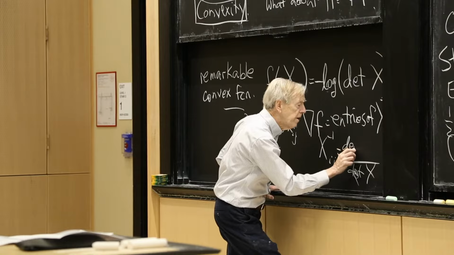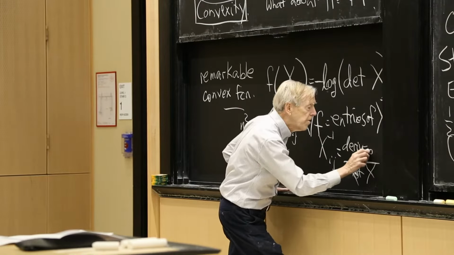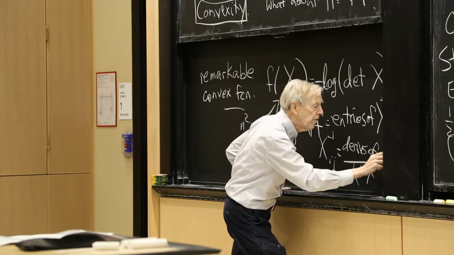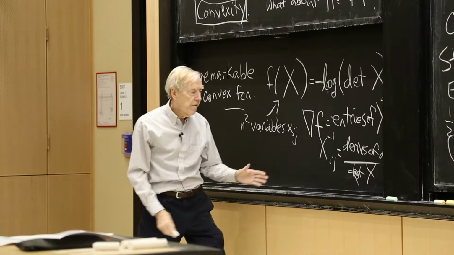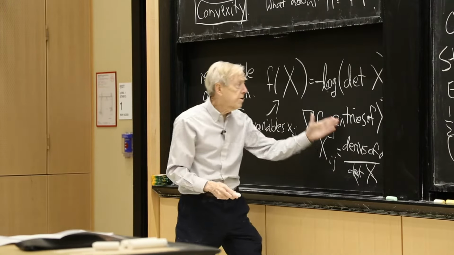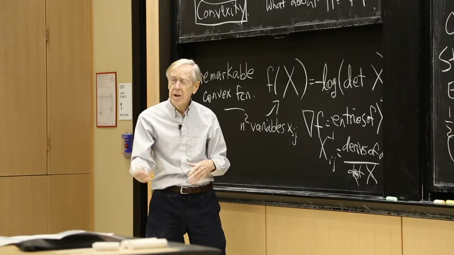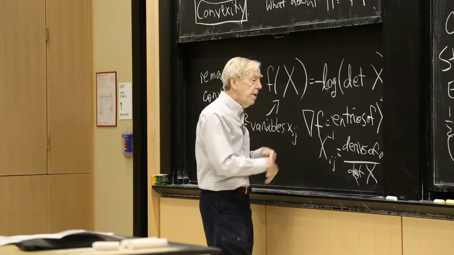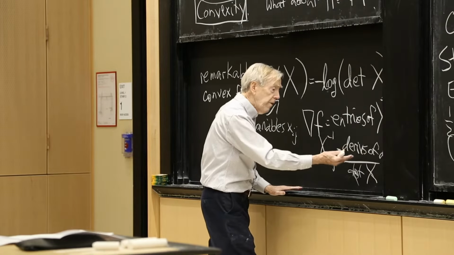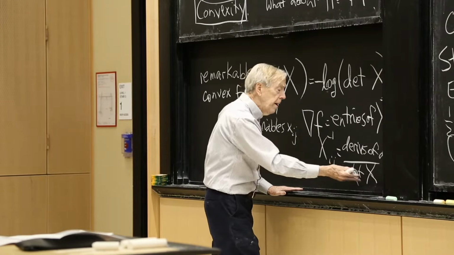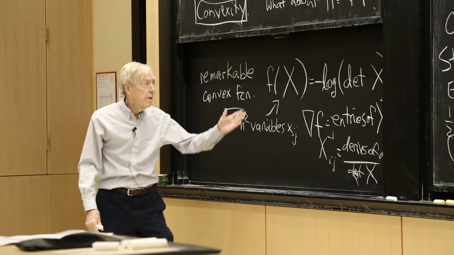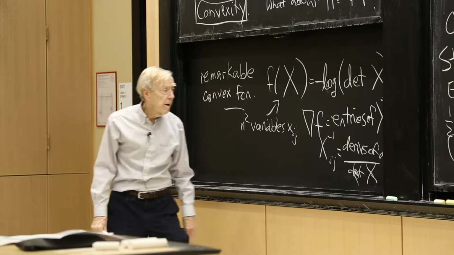This is going to be derivatives of the determinant with respect to all these variables, divided by the determinant, because that's what the log achieved, right? When I take the derivative of the log of something, the chain rule says take the derivative of that something and divide by the function, the determinant of x.